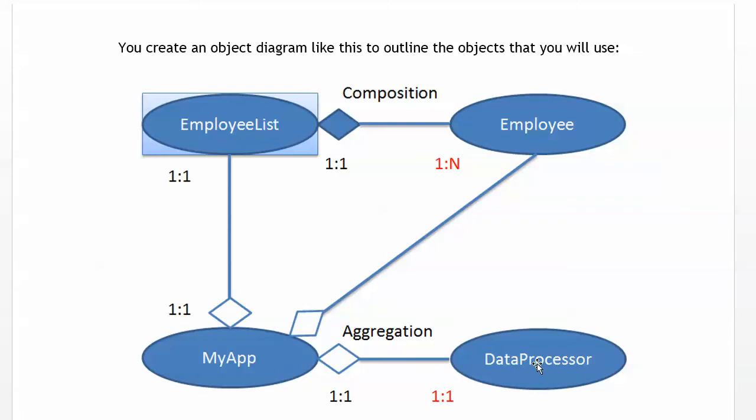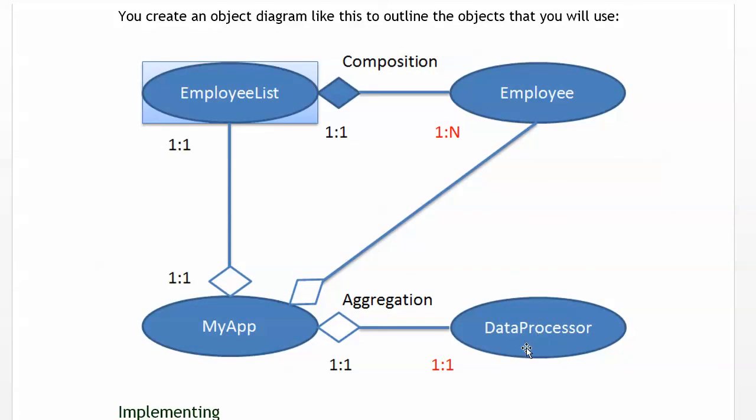And then I also have some kind of data processor. It will be one and only one for my application. It's not strictly necessary. I could go ahead and add employees and list them and collect them. But it is probably something I want to have so that I can actually process and save the data.